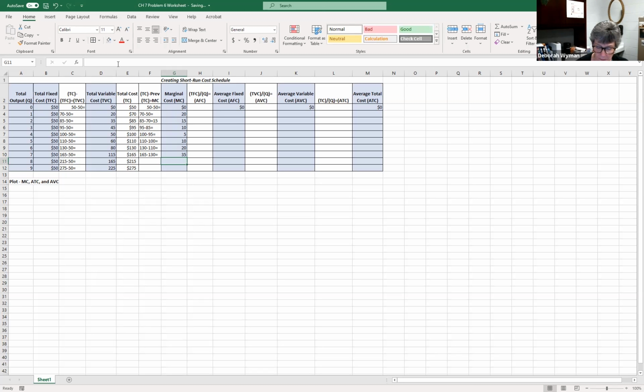And 215 minus 165 equals 50. And 275 minus 215 equals 60. So now we have our marginal cost.